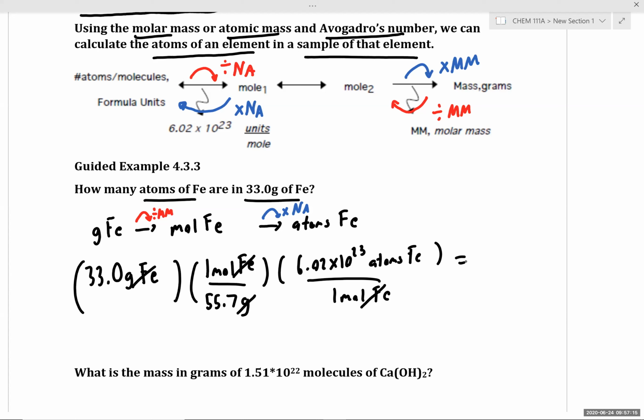And that in turn gives us 3.57 times 10 to the 23rd iron atoms. And always make sure you label your units. Any questions on this example?